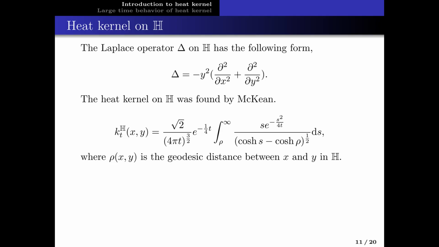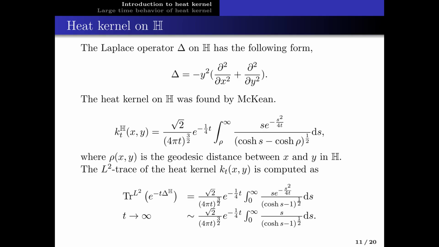Now similarly, by Markus, we're replacing the Gaussian with this integral, still something like a harmonic Cauchy function and then some power of t, right? So that's Markus' formula. Now, looking at this, we can try to use this formula to compute the volume, or L2 trace, of this heat kernel.